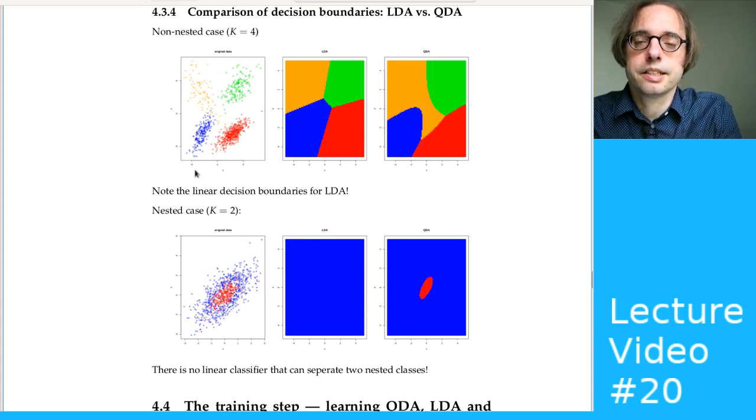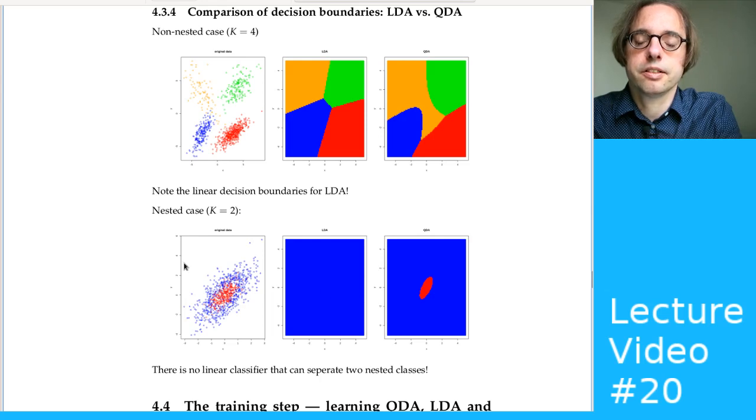A second case here is when you have nested models. So you have one group that's one thing inside the other. The interesting thing is when you simulate this, these are both normal data. When you apply LDA, of course, you don't get anything because there's no linear boundary that can represent this.